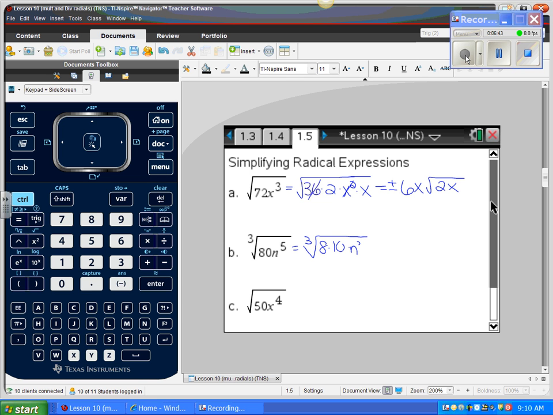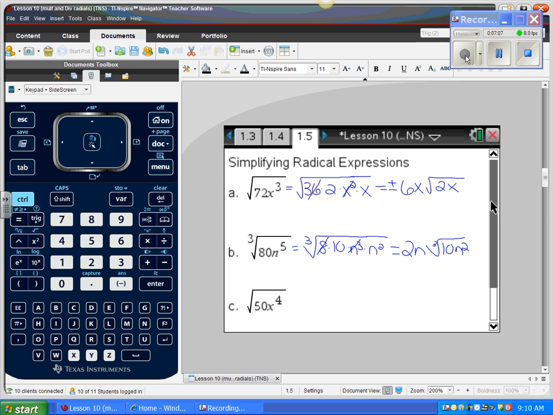Good, n cubed, n squared. Very good. Okay. Cube root of 8, 2. Cube root of 10, leave it. Cube root of n cubed, n. Cube root of n squared, leave it. So 2n cube root of 10n squared. How do we do with that one?